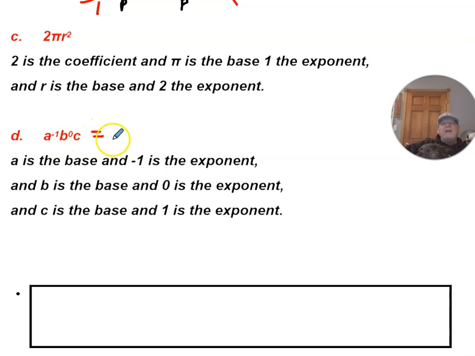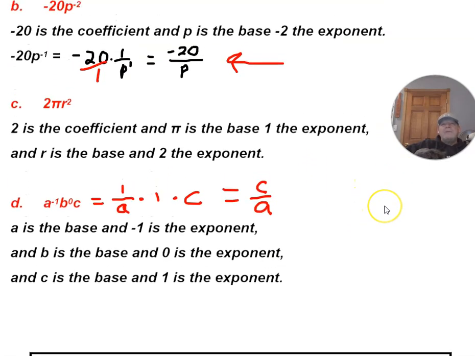A to the negative 1 would be 1 over A to the first, or 1 over A. B to the 0th, we're multiplying here, it's a raised dot, is 1, because anything to the 0th power is 1 except for 0. Another raised dot, and then C. So that really equals C over A. That was a little bit tougher, but that is when you are simplifying them.